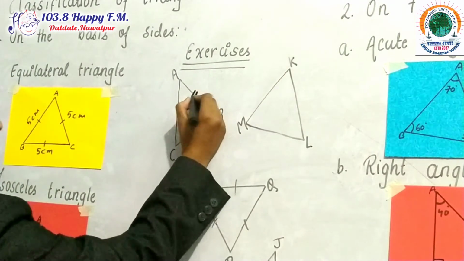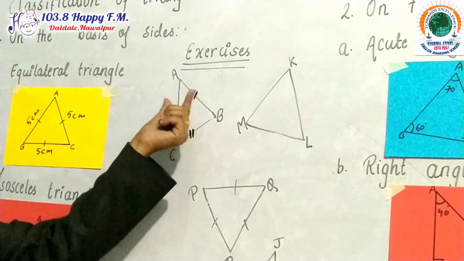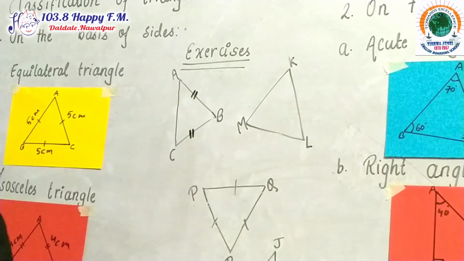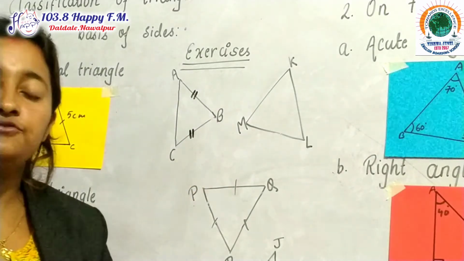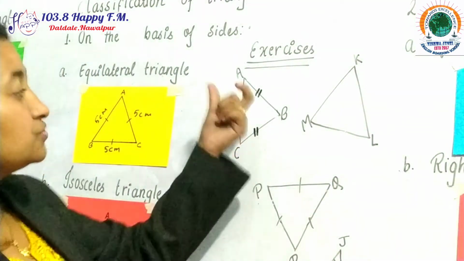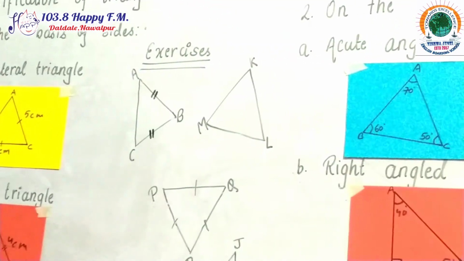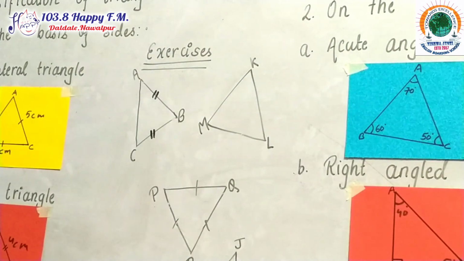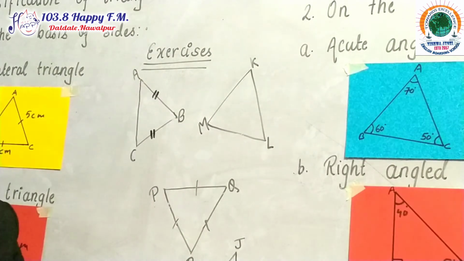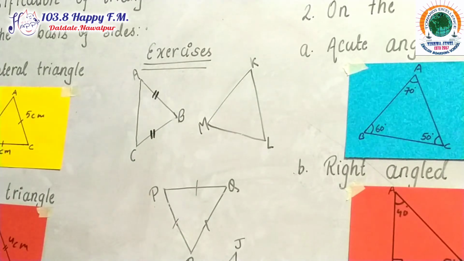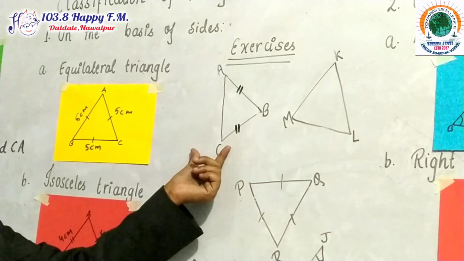This symbolizes that these two sides are equal. What is the name of the triangle whose two sides are equal? Very good. That is an isosceles triangle.